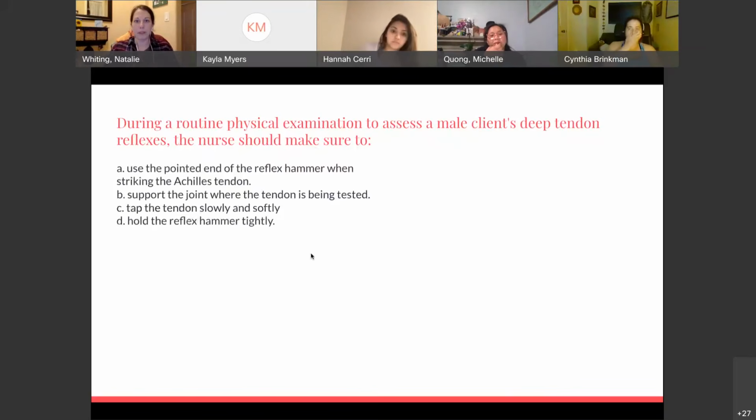Good job. Okay, during a routine physical examination to assess a male client's deep tendon reflexes, the nurse should make sure to A, use the pointed end of the reflex hammer when striking the Achilles tendon, B, support the joint where the tendon is being tested, C, tap the tendon slowly and softly, or D, hold the reflex hammer tightly.